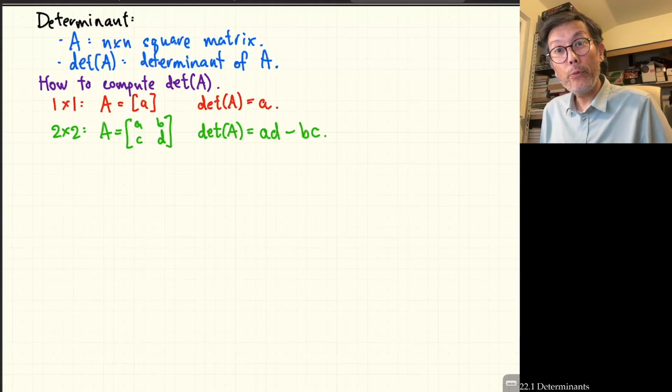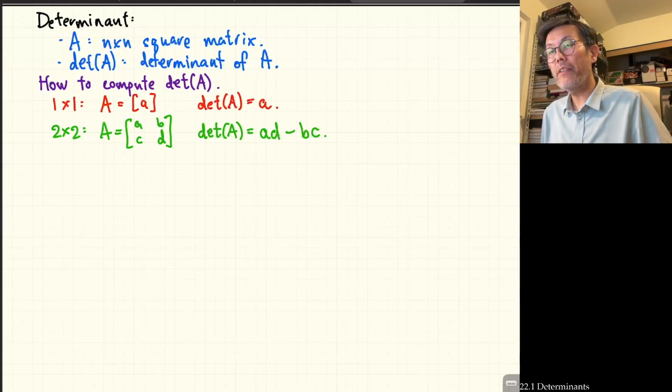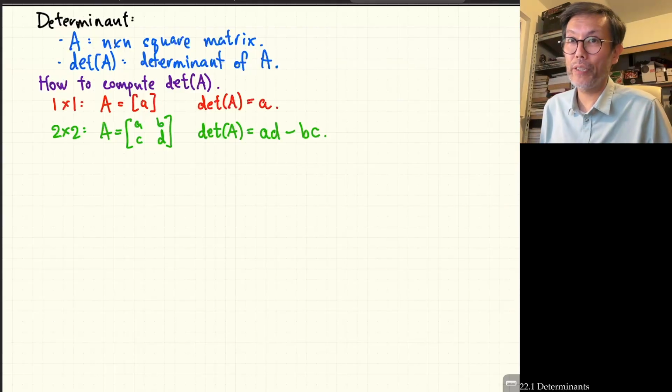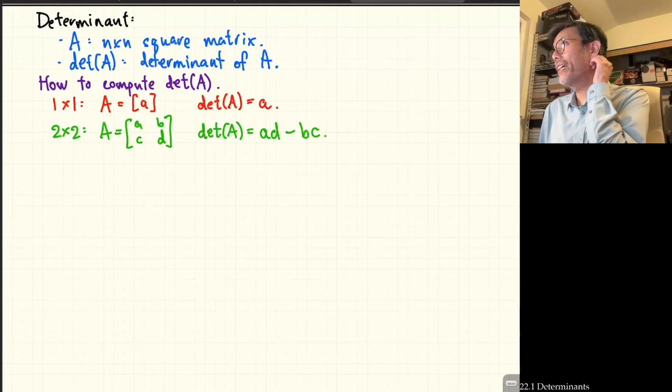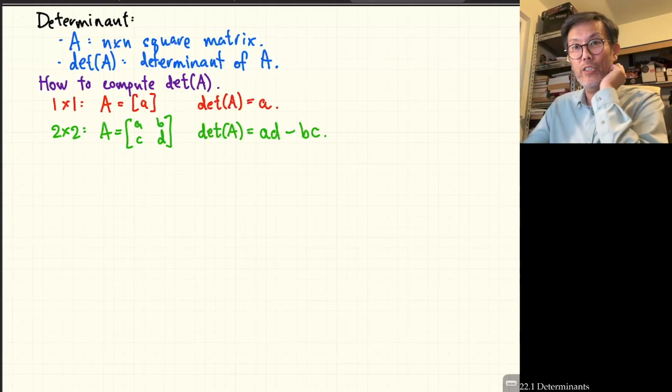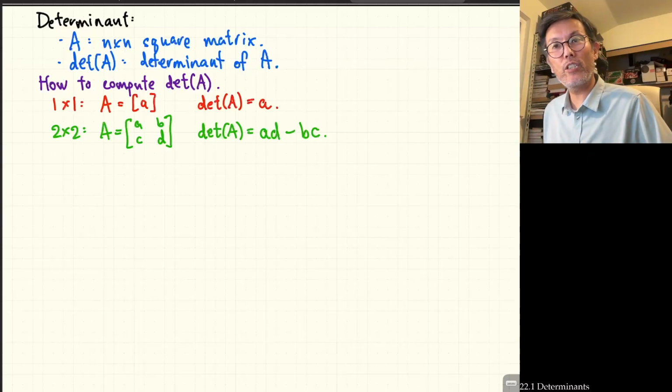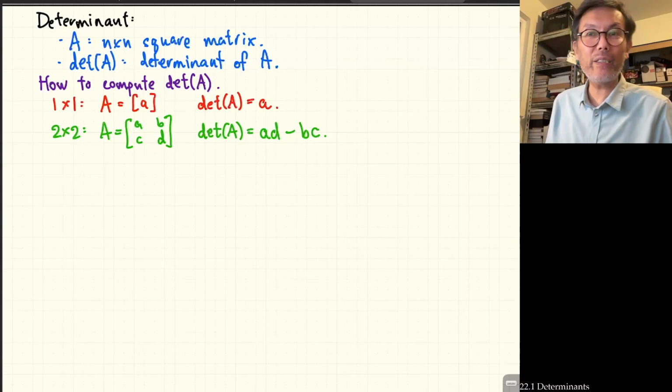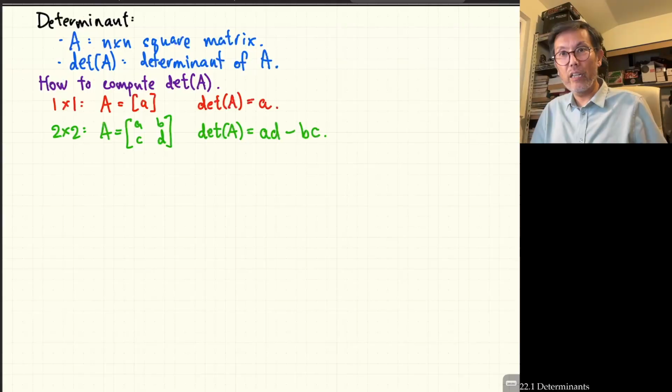Let's talk about the 3 by 3 case, okay? And the 3 by 3 case is going to be pretty complicated. It ends up being a sum that involves 6 different terms. Each of those 6 different terms ends up having 3 different factors in each one, and nightmare.